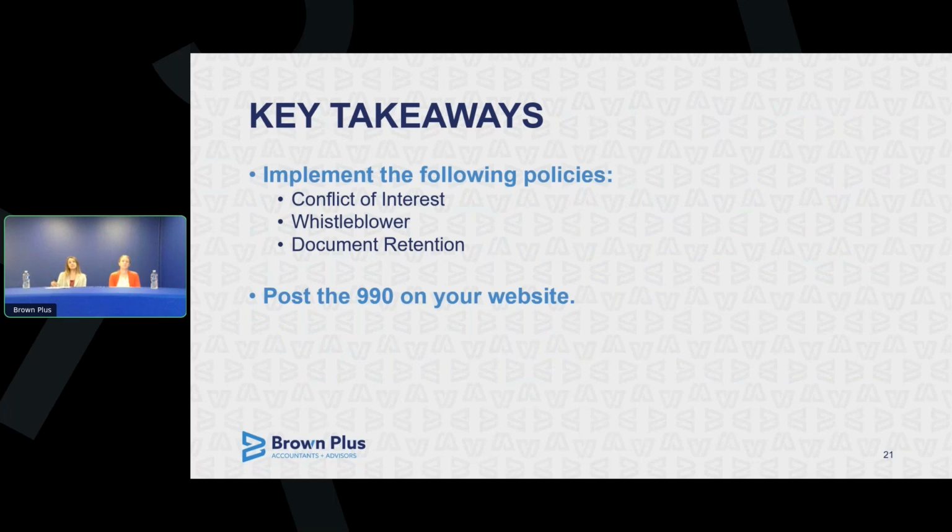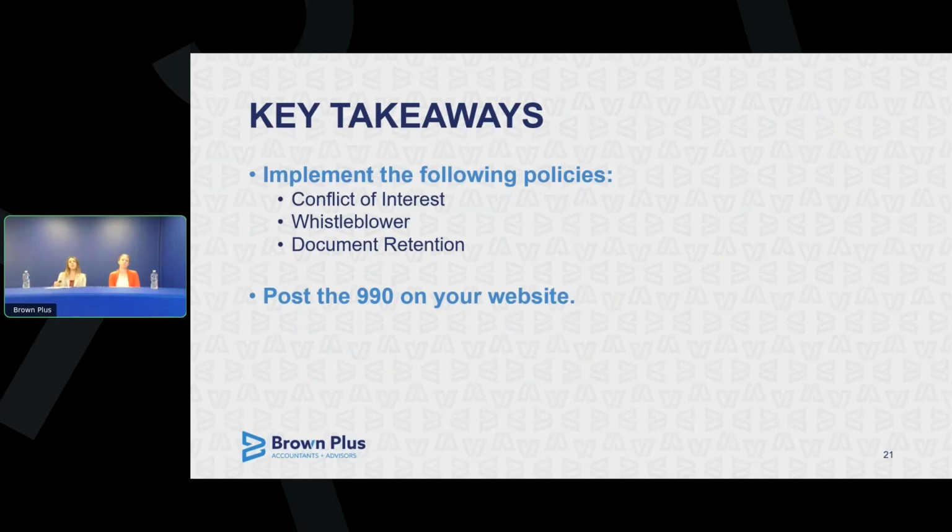As far as key takeaways, I think that there are some very easy items that maybe not all organizations are doing, but would be very simple to start doing simply to boost your score. So make sure that you have the 3 policies that they're asking about. Now it's very easy to find that online or use some other service to get those policies.